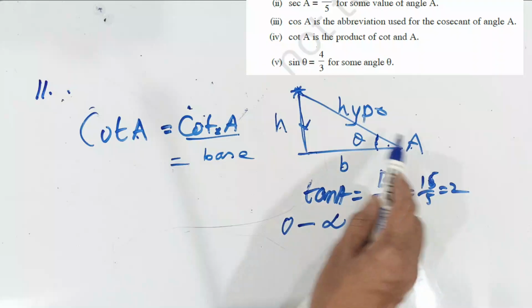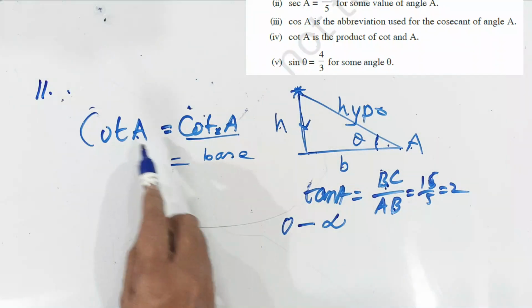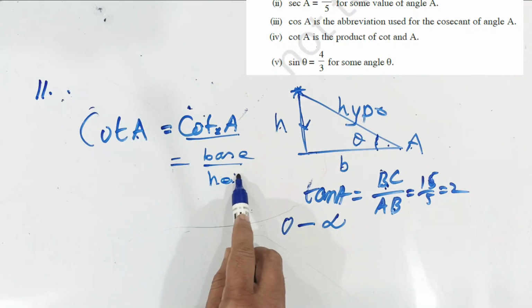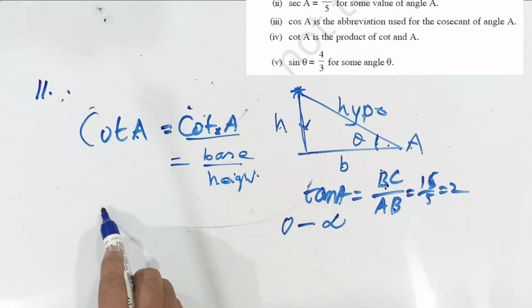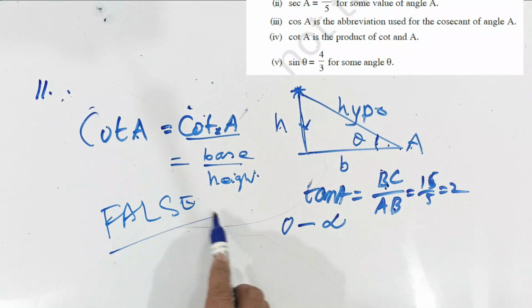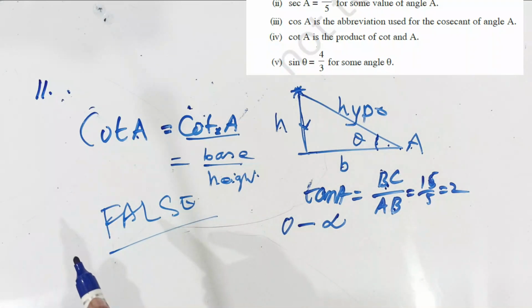With respect to A, cot is the ratio of base by height, that's all. So this is not a product, so this is false. Cot A is not a product of cot and A.